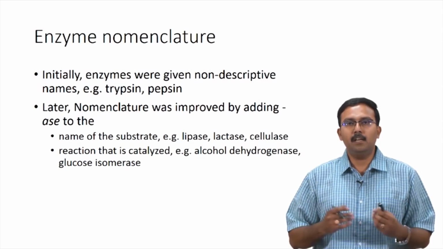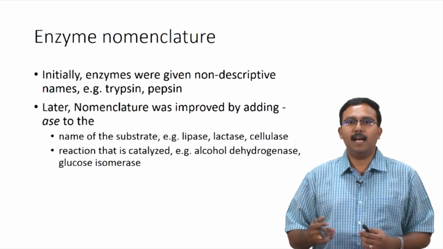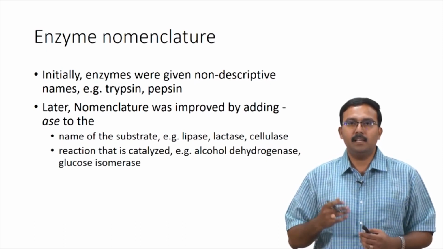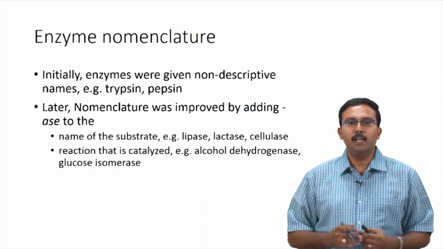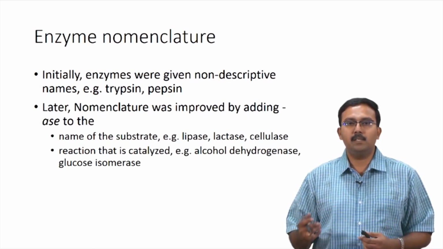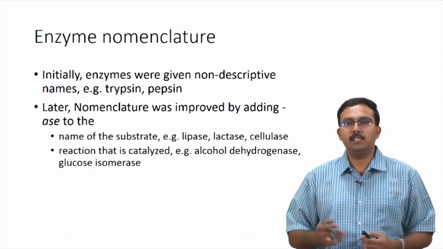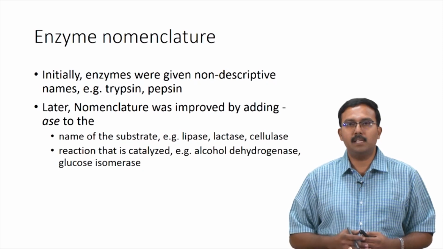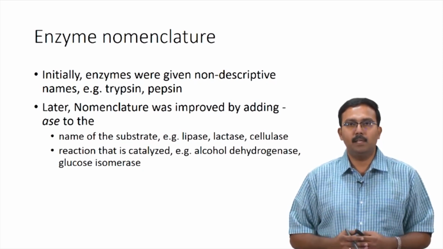This gave a little more clarity on what the enzyme did. With examples like lipase, lactase or cellulase, you know that it is acting on lipids, lactose or cellulose. If the name was alcohol dehydrogenase or glucose isomerase, we knew that it performs a dehydrogenation reaction or an isomerization reaction. This gave some information about what the enzymes were.